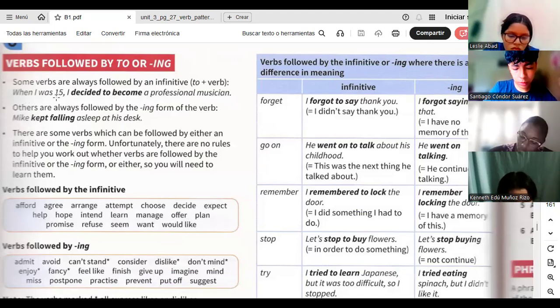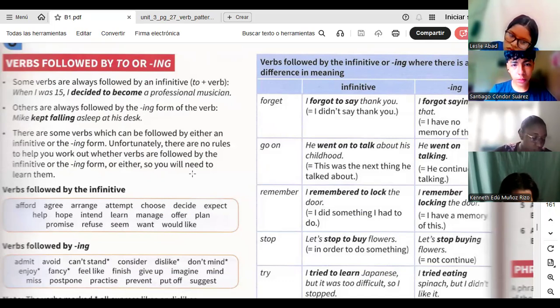When I was 15, I decided to become a professional musician. Others are always followed by the ing form of the verb. Mike kept falling asleep at his desk, so with keep we use ing. There are some verbs which can be followed by either an infinitive or the ing form. Unfortunately, there are no rules to help you work out whether verbs are followed by infinitive or ing or either. So you need to learn them.